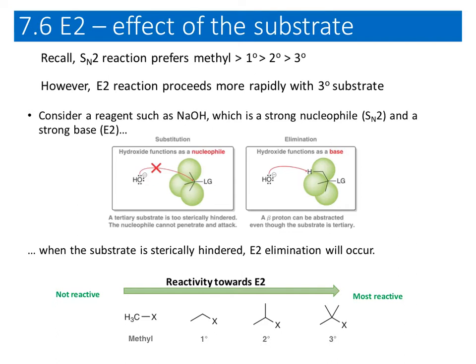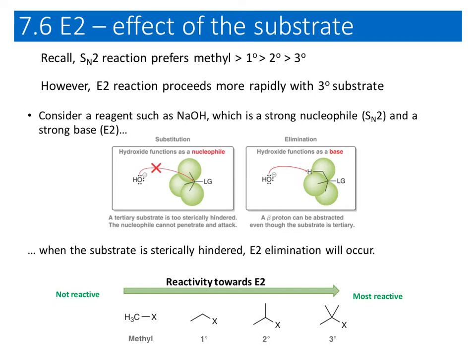The E2 reaction is similar to SN2, and that's the reason they can compete with one another. But there are some features that can help us to identify the products and decide which one is happening. SN2 reaction prefers methyl over primary and over secondary, and it is almost unreactive with the tertiary substrate. However, E2 reaction proceeds more rapidly with the tertiary substrate.